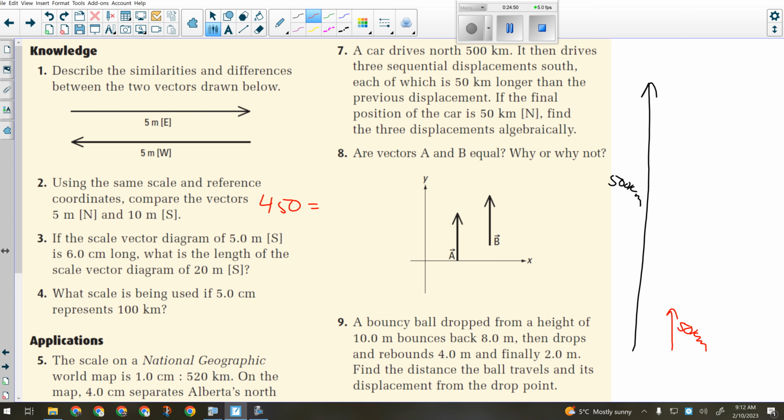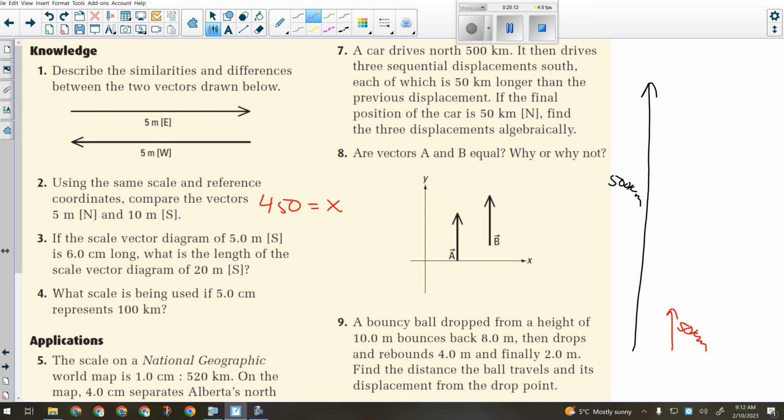So I can say then that 450 is equal to the sum of those 3 parts. Agreed? I know the second one is 50 kilometers longer than the first. I know the third one is 100 kilometers longer than the first. Is that fair? What's my problem then? I don't know how long the first one is. So I'm just going to say that it's x.